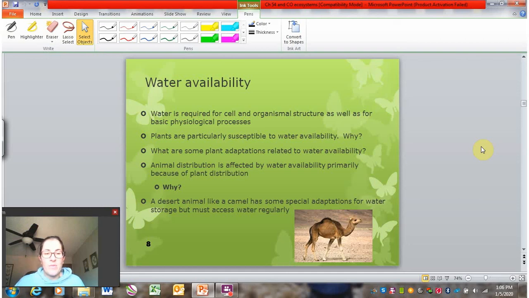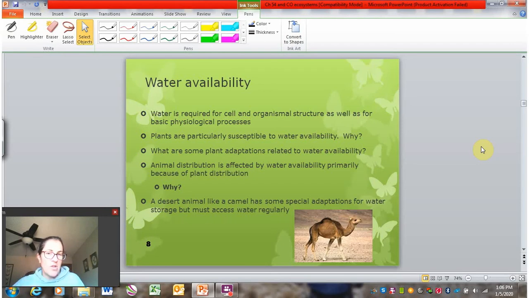They also, if you think back to previous biology classes, have, for example, the stomata that close and open to hold in water or to let vapors out when it's not hot. So they are well adapted for environments that have less water. Certain plants are, like cactus.